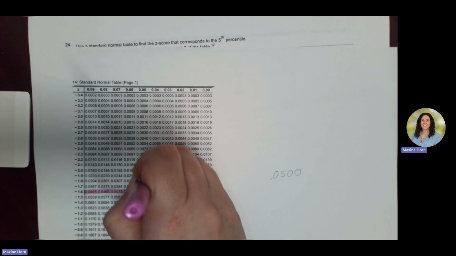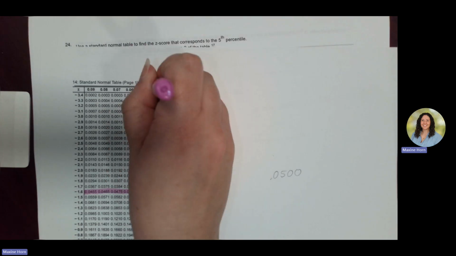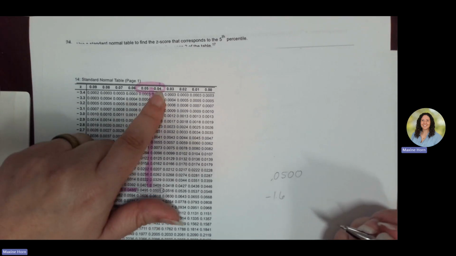If I look at my z-scores, directly in the middle of these two, I have negative 1.6, and then I want the value that's directly in between 0.04 and 0.05.